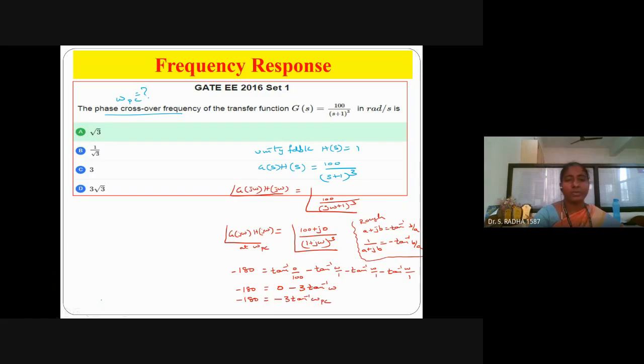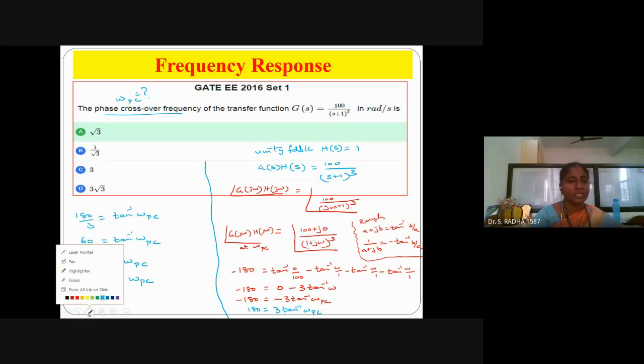Now you can cancel the negative sign, and on the left side we have 180, and on the right side 3 times tan inverse omega pc. Take the 3 to the left side: 180 by 3 is 60, so 60 equals tan inverse omega pc. If you take tan to the left side, tan 60 equals omega pc, and root 3 is the value for omega pc.